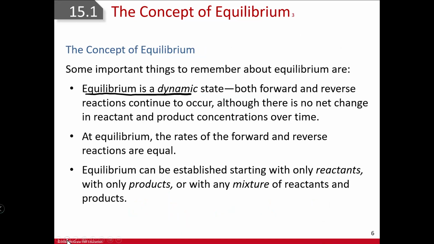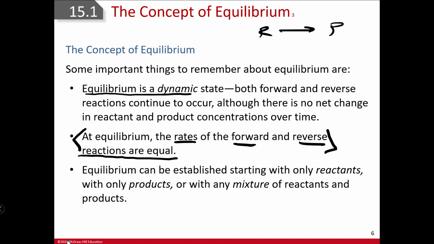All right, at equilibrium, this is the most important, I think, of these. At equilibrium, the forward and reverse reactions are equal. The rates of the forward reaction and the reverse reaction are equal. And you go, why is that? Well, if the forward reaction isn't equal, then we're going to continue making product, and the reactant's going to decrease.